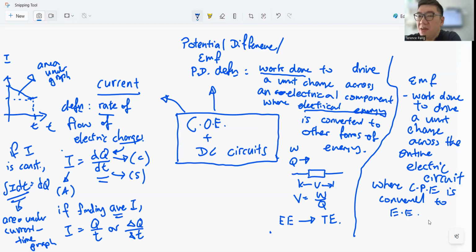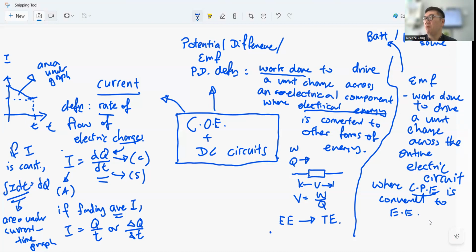So basically EMF is at the battery. EMF is actually at the battery or the power source. So the battery is using chemical potential energy to convert to EE so it can drive the unit charge across the circuit.